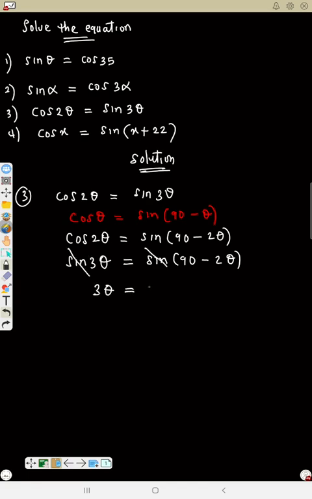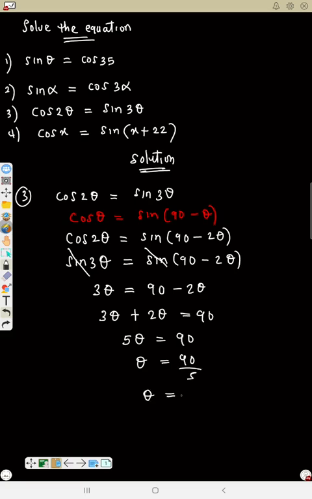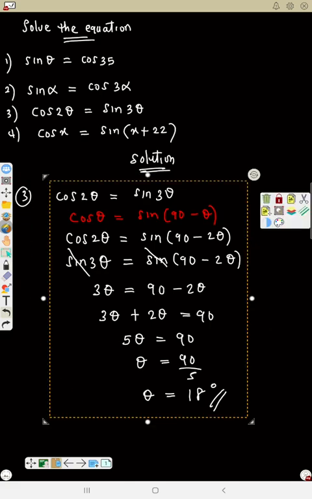So 3 theta equals 90 minus 2 theta. Collect the like terms. So 3 theta plus 2 theta equals 90. So 5 theta equals 90. Theta equals 90 over 5. Theta equals 18 degrees. So now let's see the fourth question.